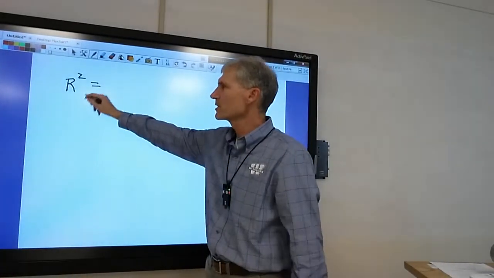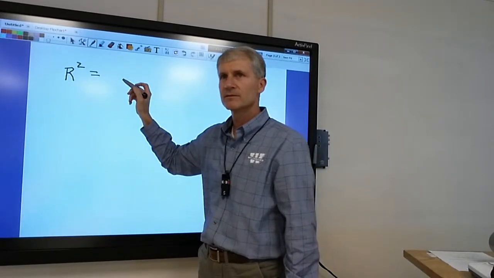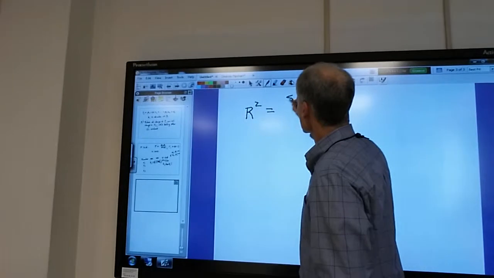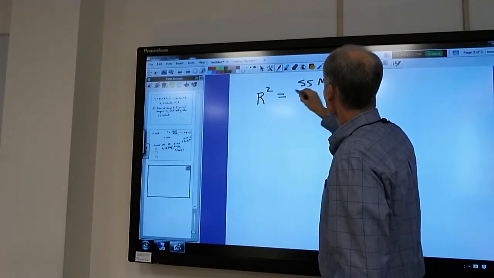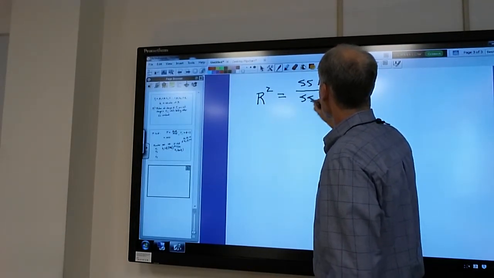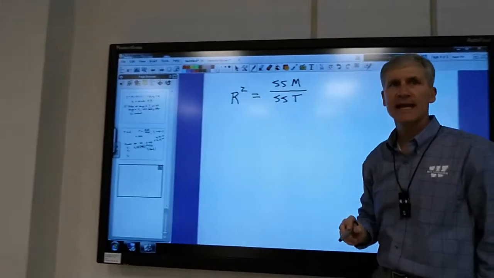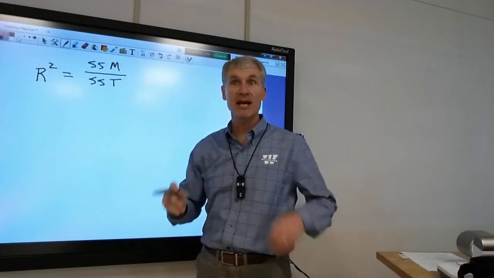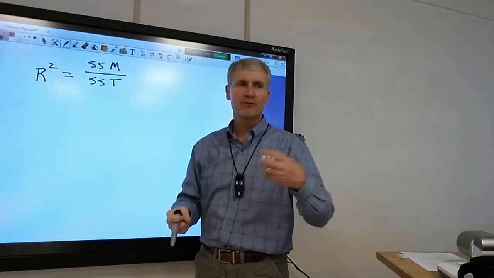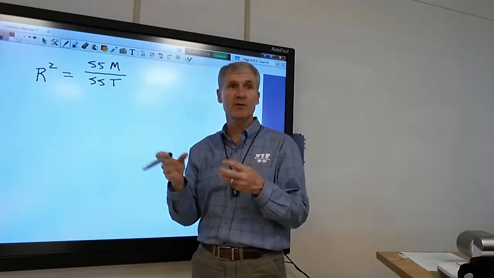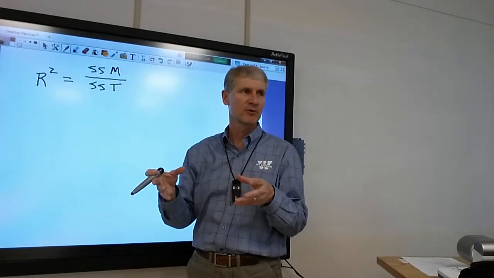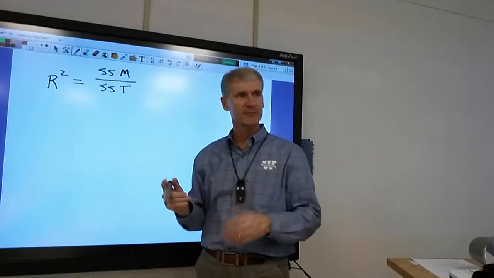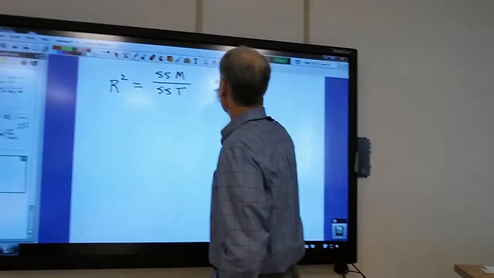So what is the formula for R squared? Okay, so sum of squares model over sum of squares total. And it gives you percent of variability in the y explained by the model. Before, we always said percent of variability in y explained by the x variable. Well, now it's the model, meaning all the x variables together.